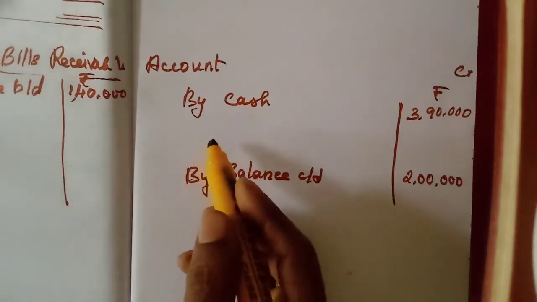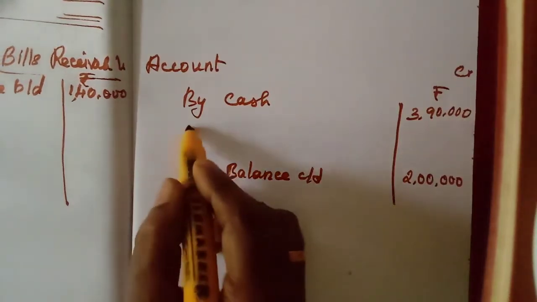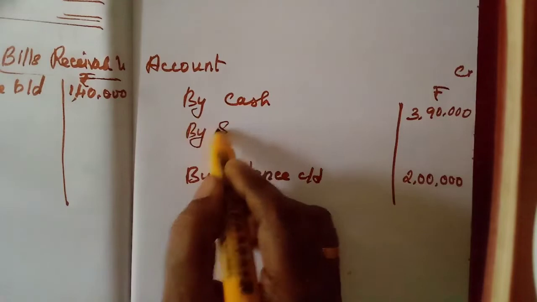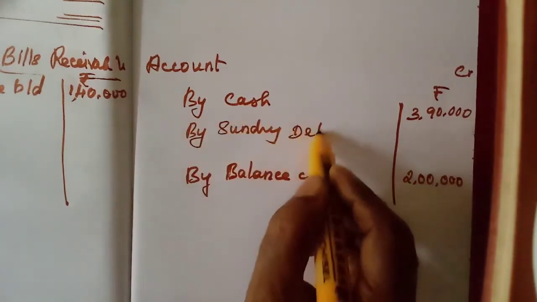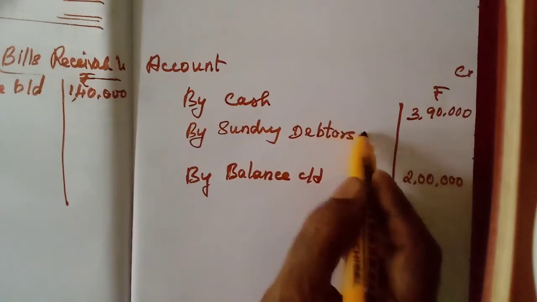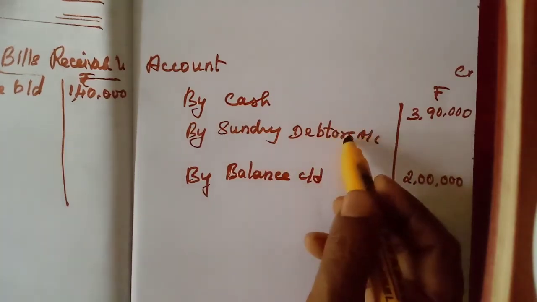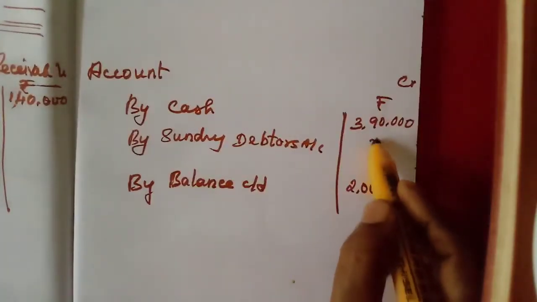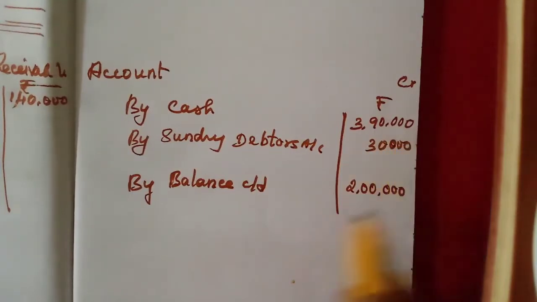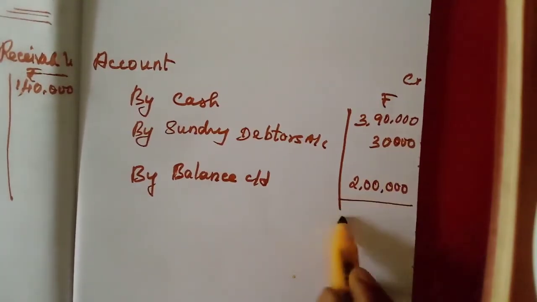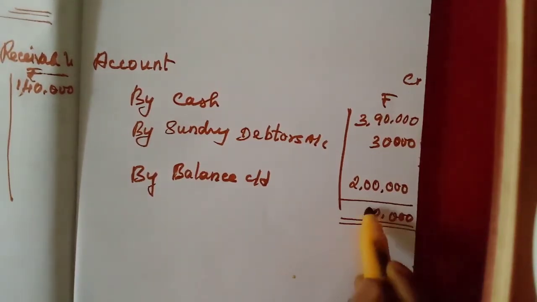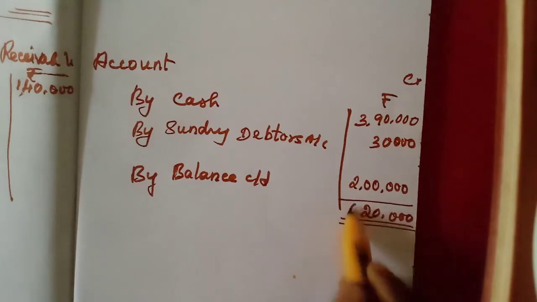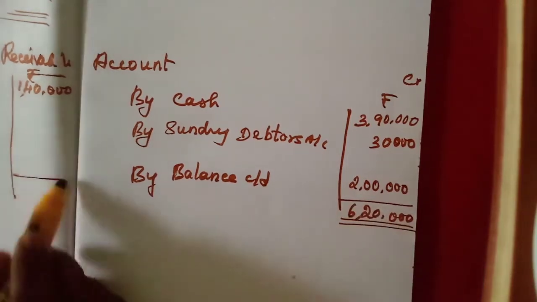Then bills receivable dishonored, we know, by sundry debtors account $30,000. Now that's all, we have to close it. $6,20,000.